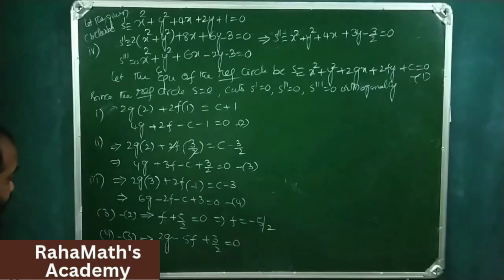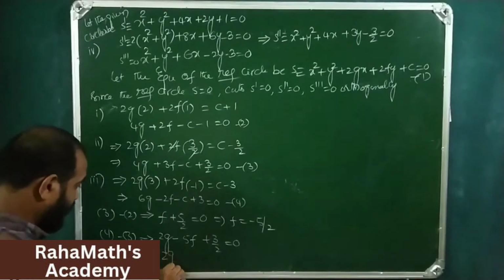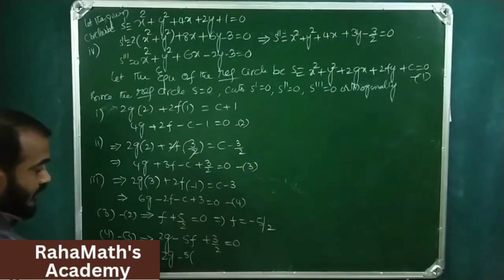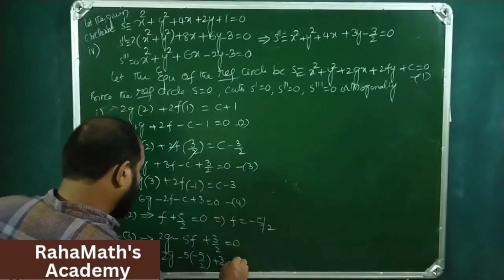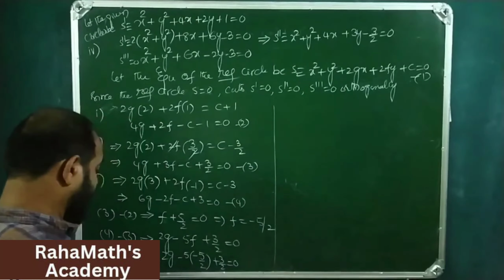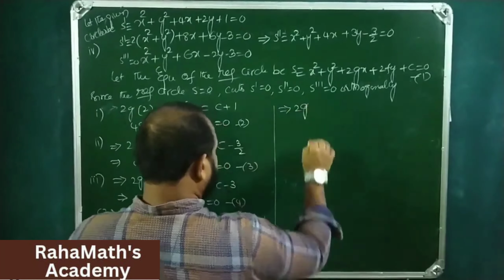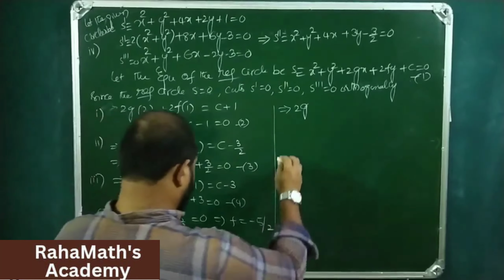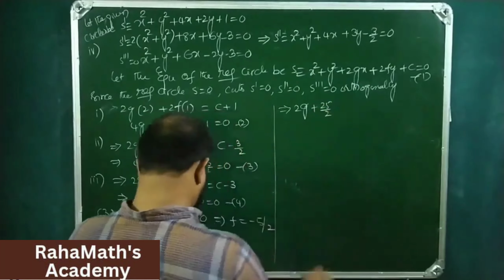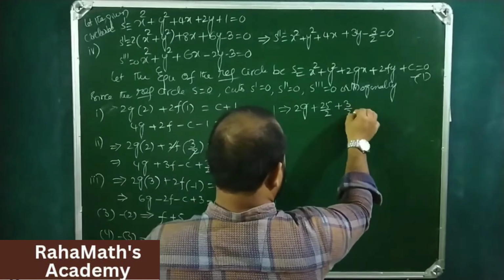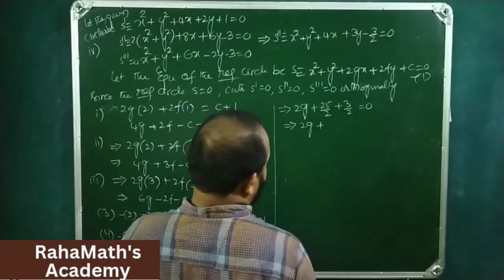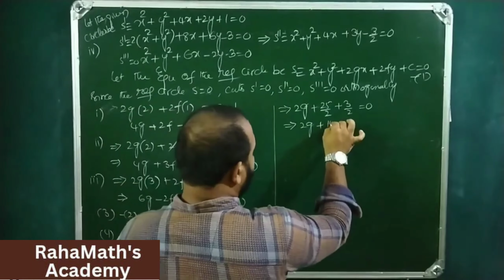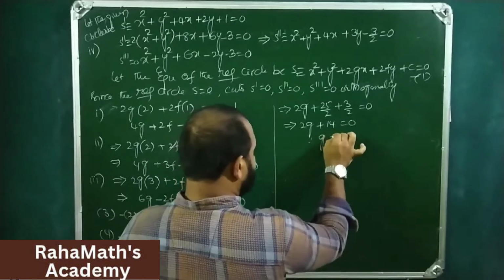Now, substituting f, we get 2g minus 5 into f, where f is minus 5 by 2, plus 3 by 2 equals to 0. That implies 2g plus 25 by 2 plus 3 by 2 equals to 0. 2g plus 25 plus 3 is 28 by 2, which is 14, equals to 0. Therefore, g is equals to minus 7.